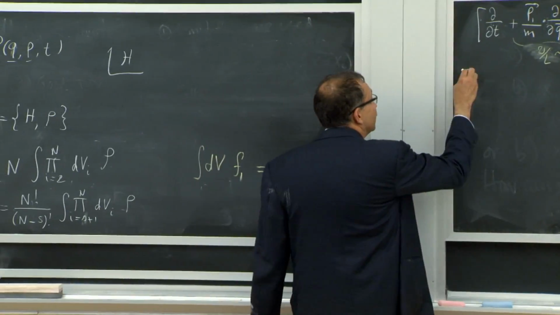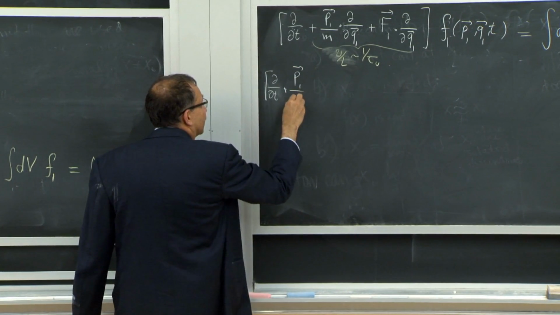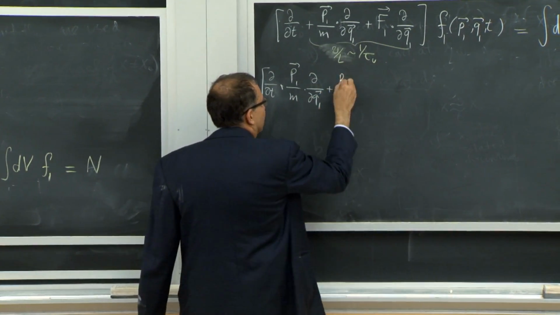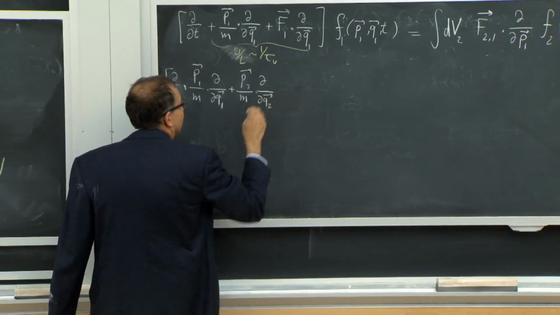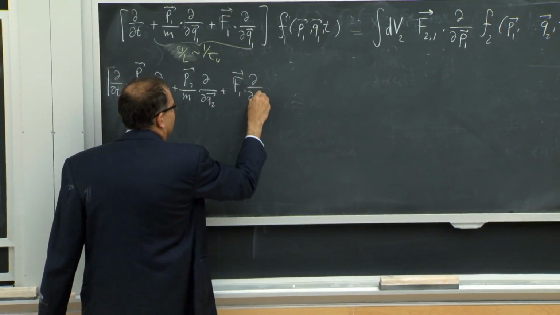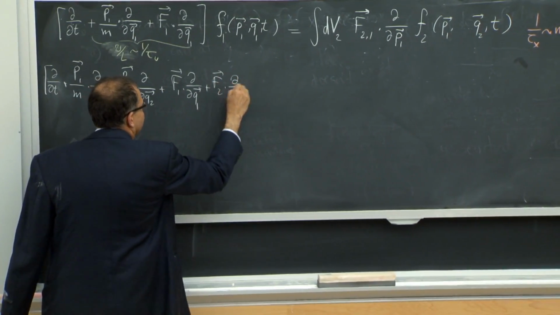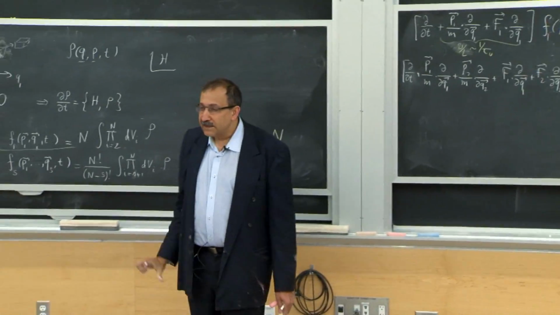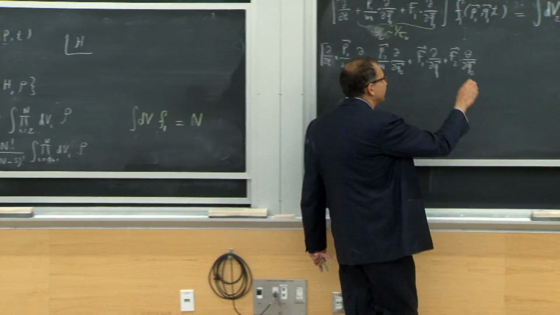What do we have? We have d by dt, p1 over m d by dq1, p2 over m d by dq2, and then we have f1 d by dq1 plus f2 d by dq2 coming from the external potential. And then we have the force that involves the collision between particles 1 and 2.